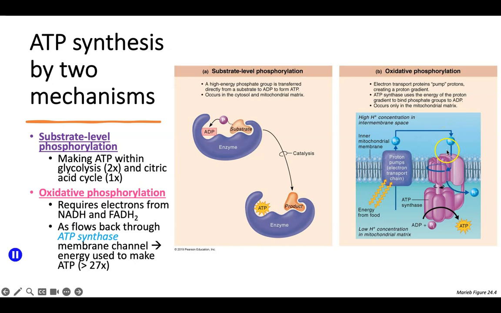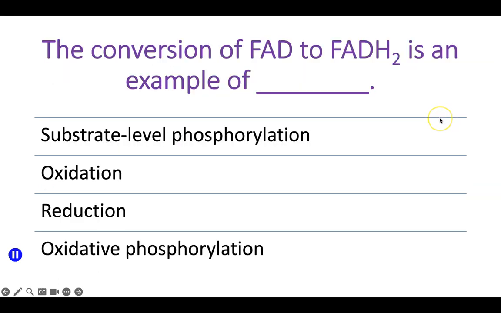And then that proton gradient helps to power an enzyme called ATP synthase. It's a membrane channel, and as the protons flow through, that runs this motor, and that is helping to convert ADP to ATP. And that's called oxidative phosphorylation. So this is occurring in the mitochondria, whereas substrate level is occurring within the mitochondrial matrix as well as in the cytosol.